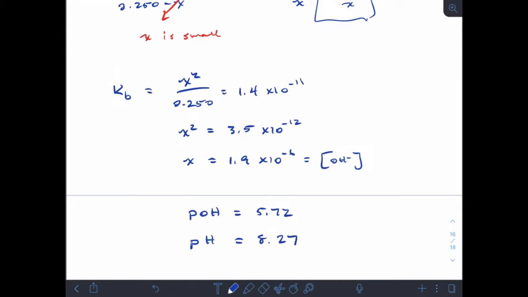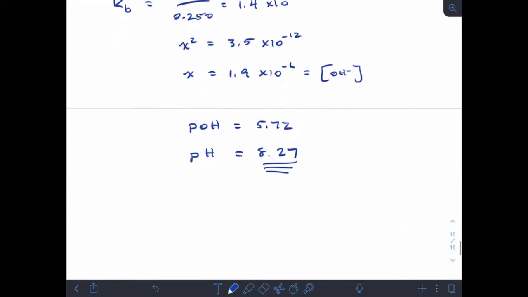So once we hit the equivalence point, notice that we are in the basic range. Right? And the reason for that is that once I've neutralized all my acid, what I'm left with is some conjugate base. So I should have a slightly basic pH at the equivalence point.